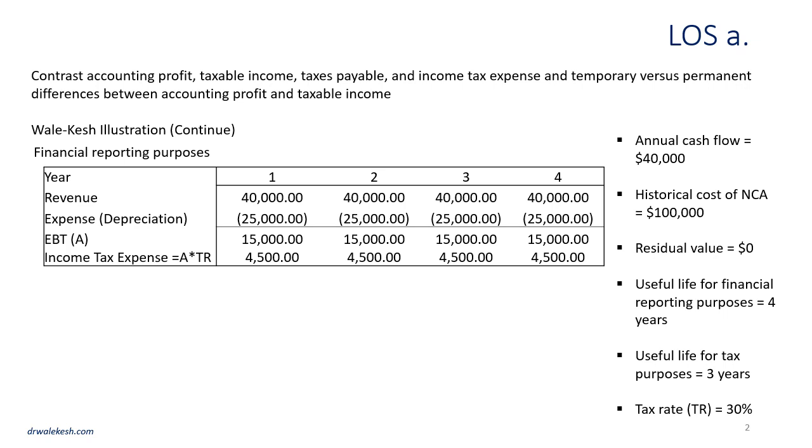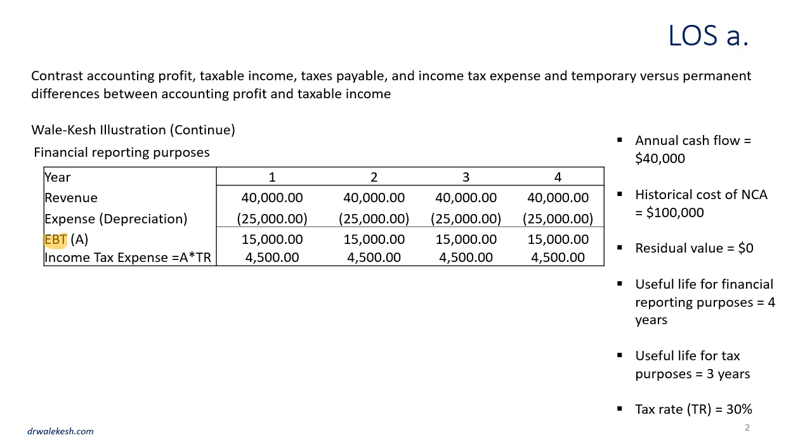Recall that the asset will be depreciated over 4 years using straight line depreciation method. That means the depreciation expense per year will be 25,000 US dollars. The annual cash flow that the asset will generate is 40,000 US dollars.